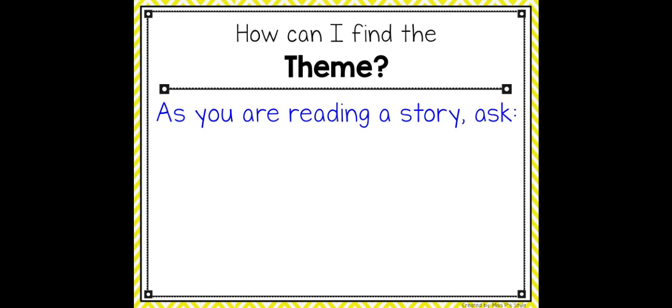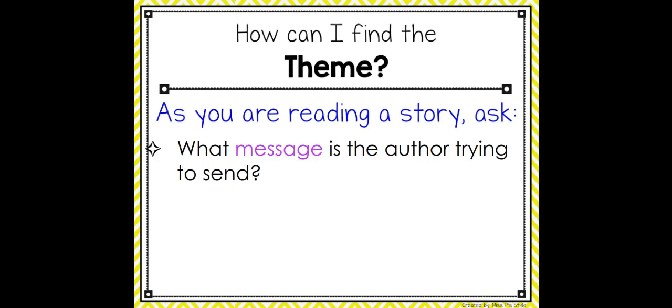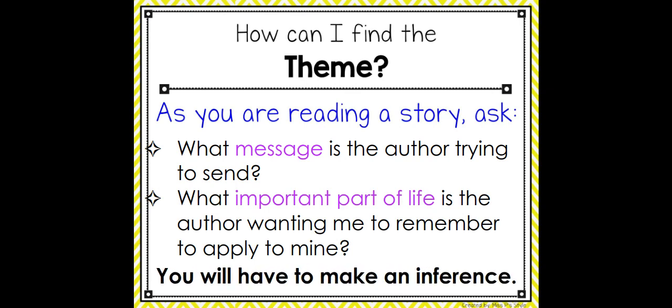Here are a couple more questions to think about as a reader when finding the theme. What message is the author trying to send? What important part of life is the author wanting me to remember to apply to mine?